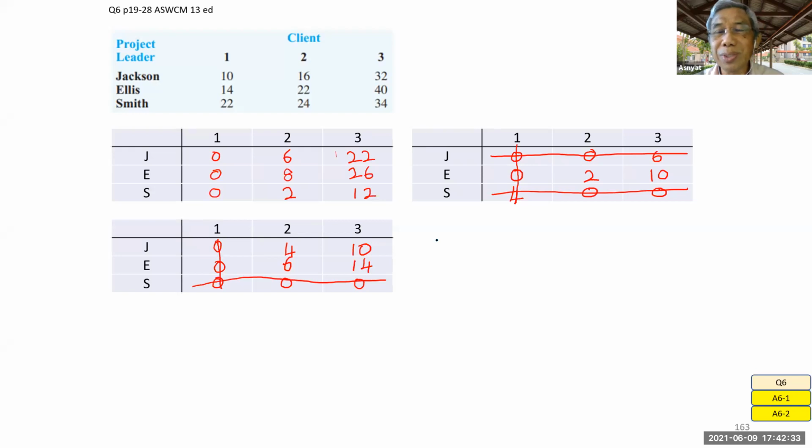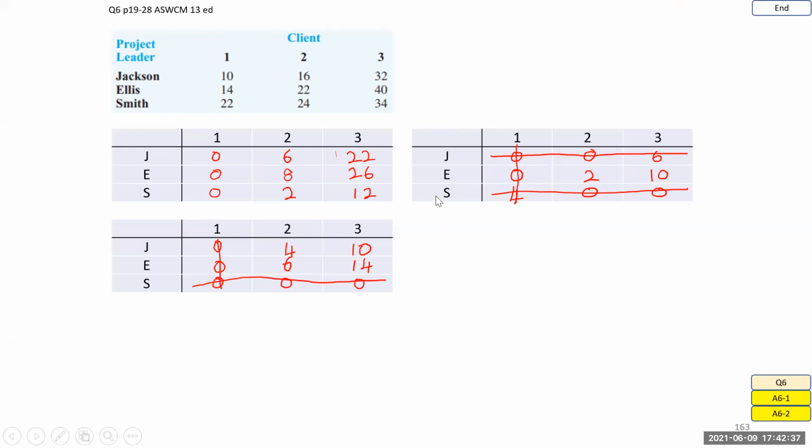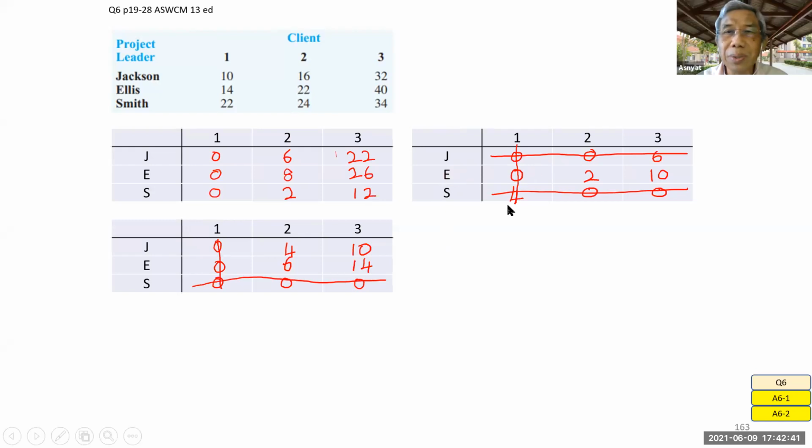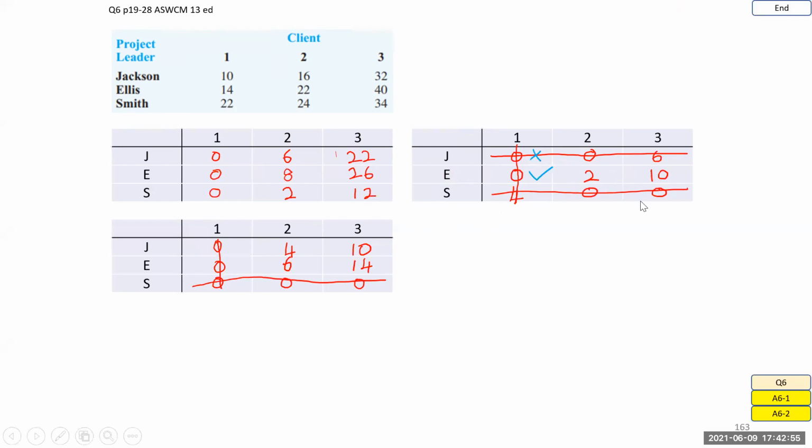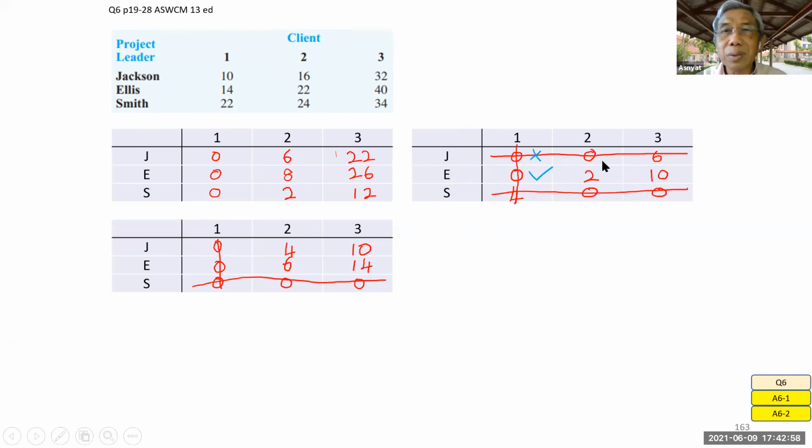Which one do you want to assign first? Look at client number 1. Because it's one person, one job, assign this one. No, he cannot do this one. Jackson does number 2.